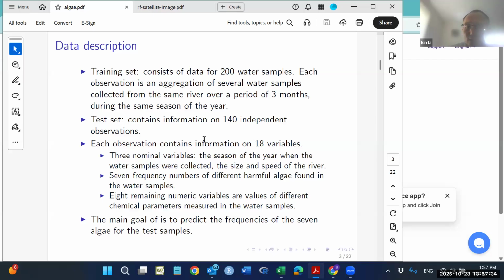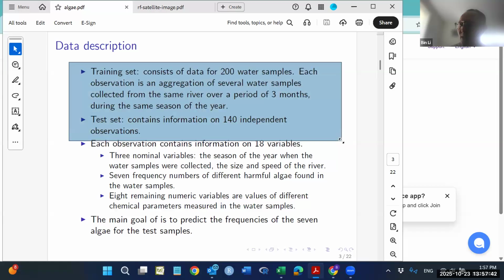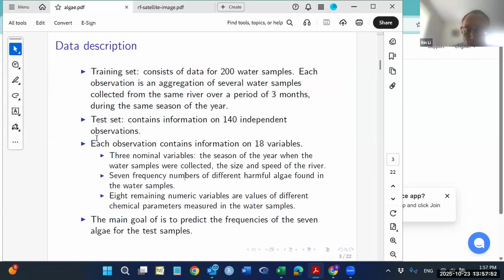And the test set contains 140 independent observations. For this particular data, we have a fixed test and training set, so you don't need to split into training and test. It's already there, okay? And each observation contains 18 variables.